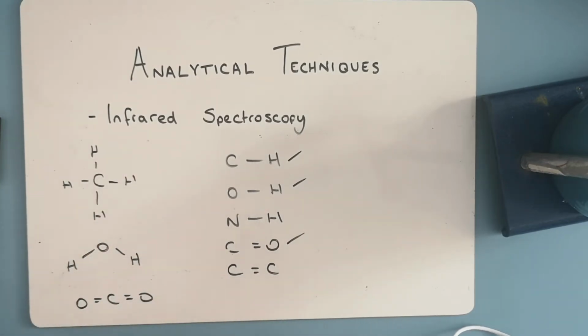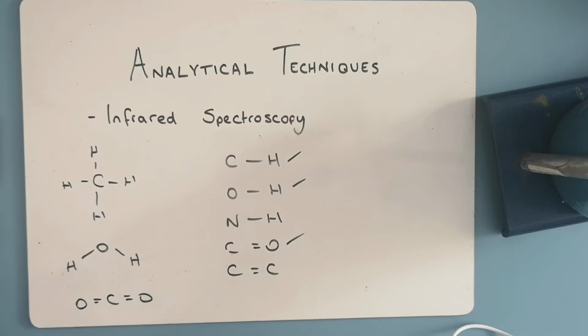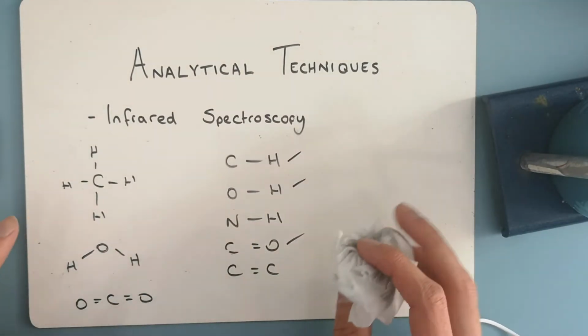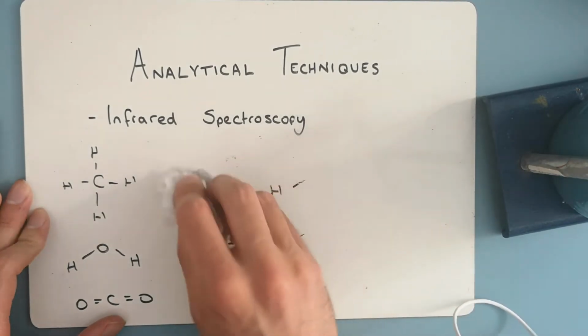Also, CFCs are an issue. We looked at them earlier in haloalkanes, chlorofluorocarbons, and they absorb infrared light. The problem with them is that they stay up there for years and don't tend to break down.